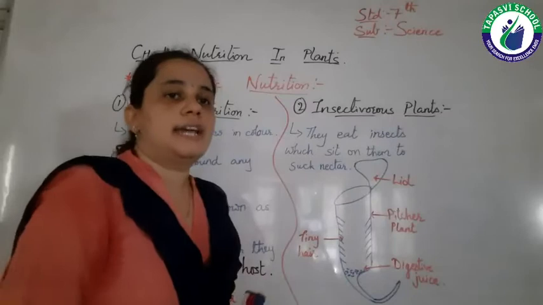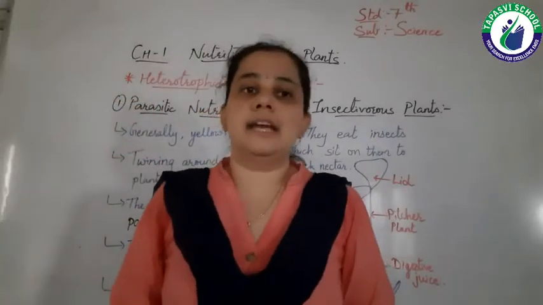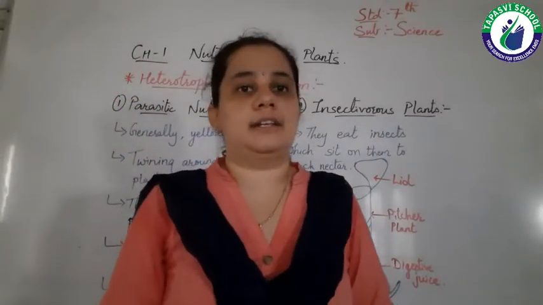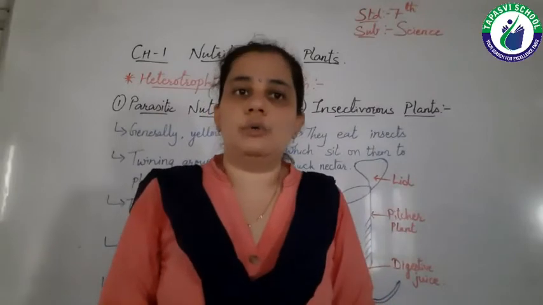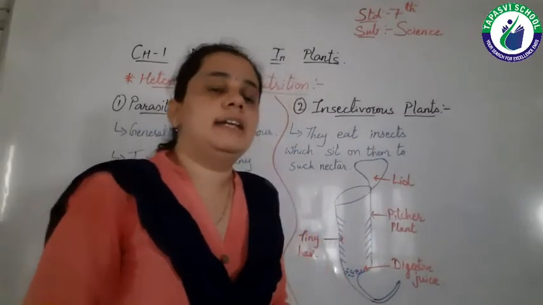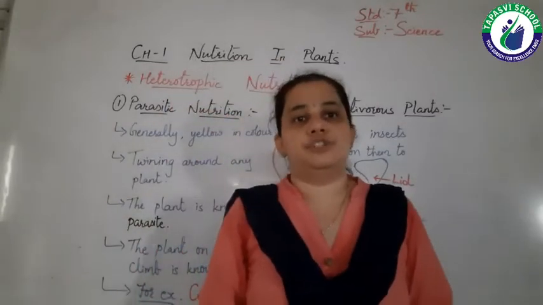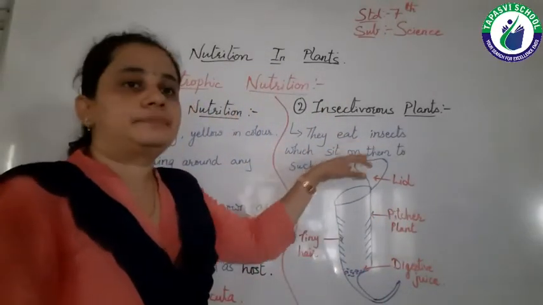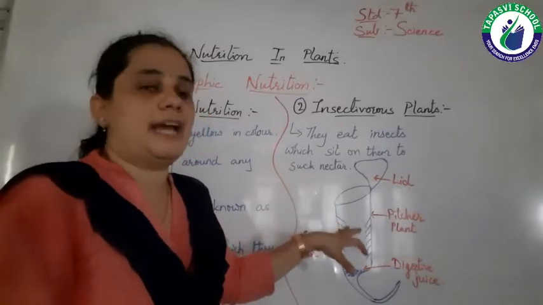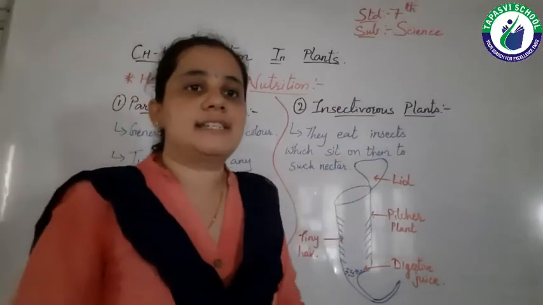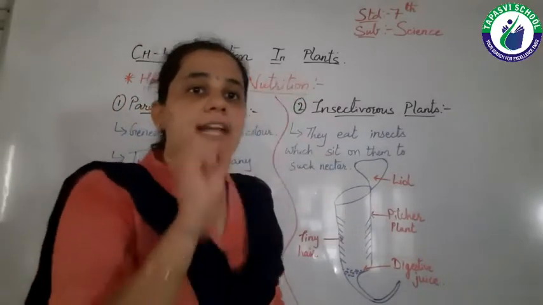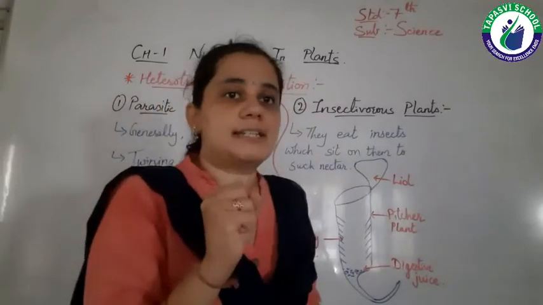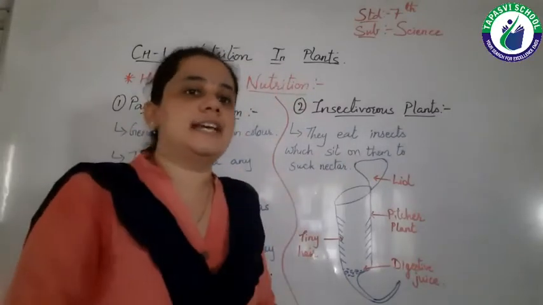We know that insects take nourishment by sucking the nectar. I think you all know what nectar is, right? Nectar is a flower juice. So insects sit on these plants, and when an insect sits, the plant eats this insect and digests it.